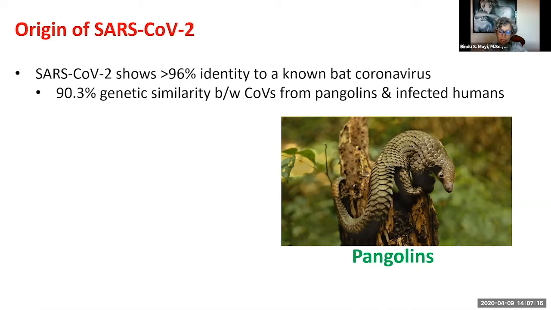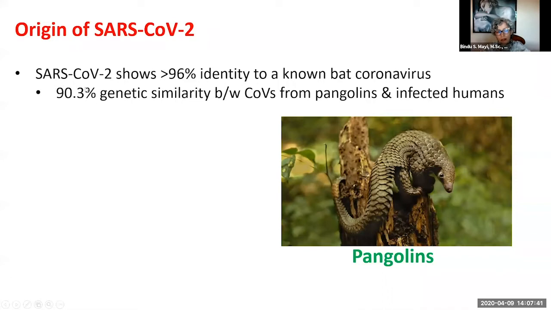There's also about 90.3% genetic similarity between coronaviruses from pangolins, which is a mammal that's actually sold illegally for its meat, as well as scales that have medicinal properties in ancient Chinese medicine. So there's 90.3% genetic similarity between a coronavirus isolated from this animal as well as infected humans.